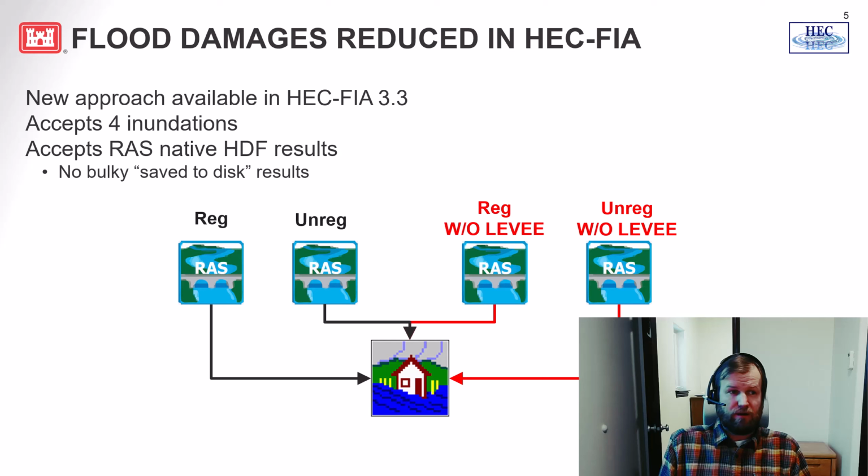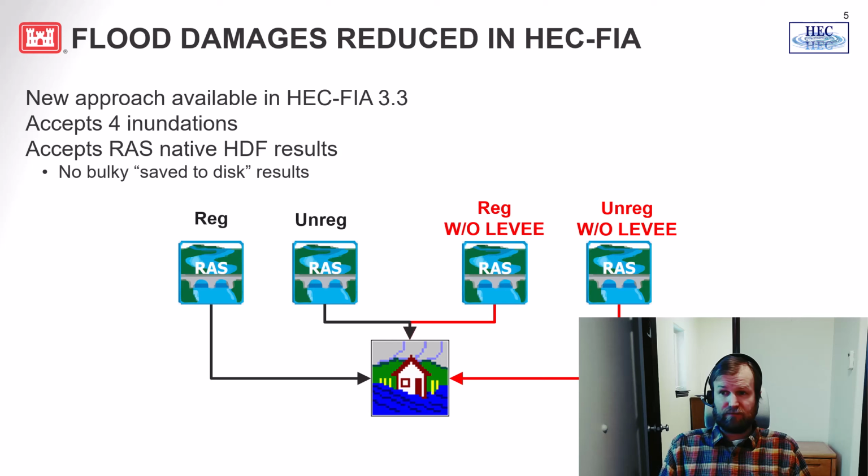And now, a new approach available in HEC-FIA 3.3: we can provide one FIA simulation with 4 separate RAS outputs, including without levees. Now, this does require additional work in HEC-RAS to create a new RAS geometry that does not include the levees. So you need a without levee geometry.